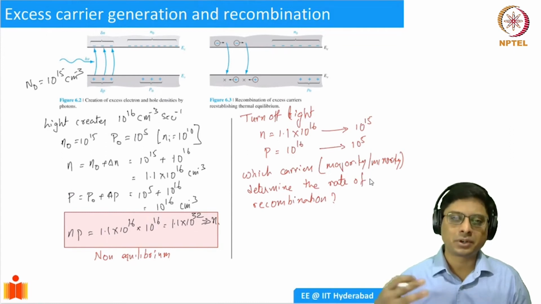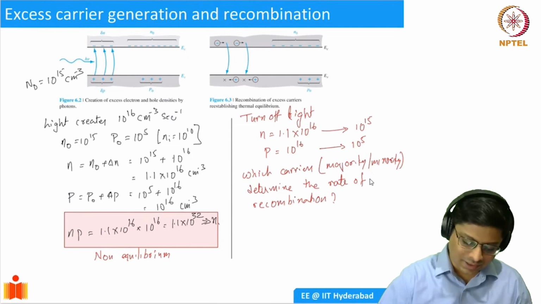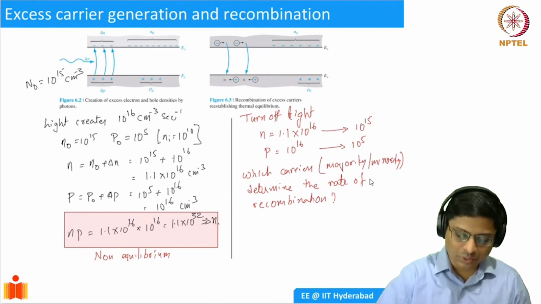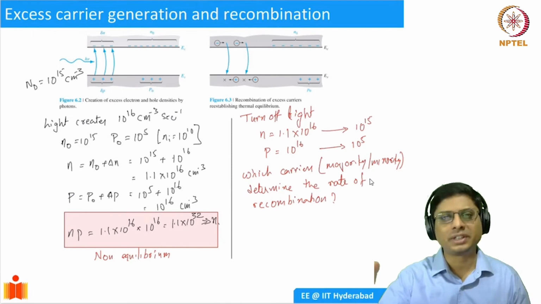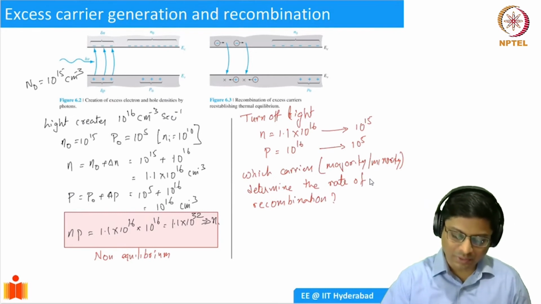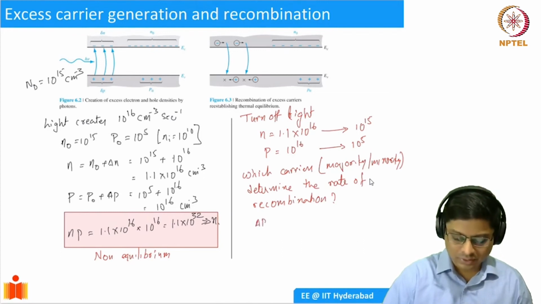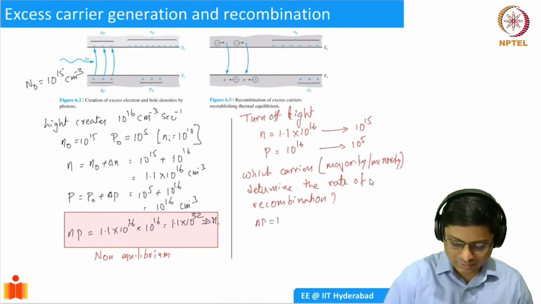When you have a sufficient number of electrons and holes. In this case, delta n only changes from 10 power 16 to 10 power 15, not a whole lot, one order of change, right? But delta p changes from 10 power 16 to 10 power 5, 11 orders of magnitude change. So let's say initially you started out with delta p equal to 10 power 16 at t equal to 0.